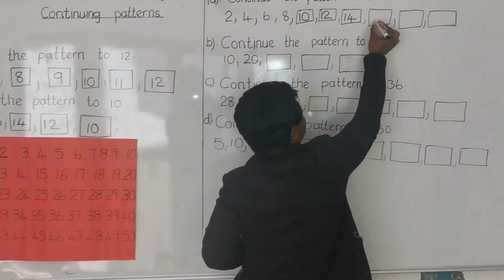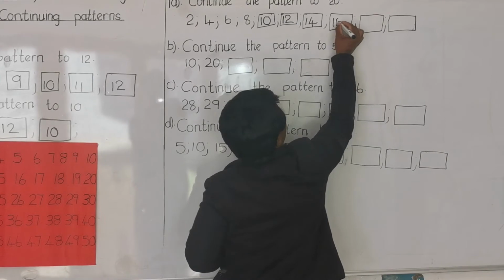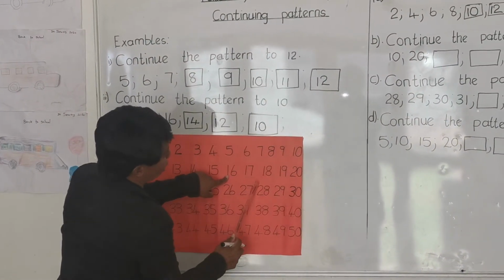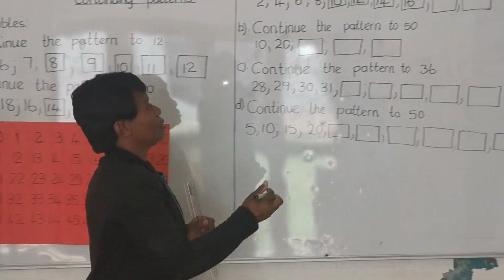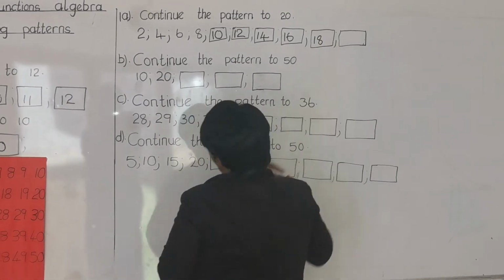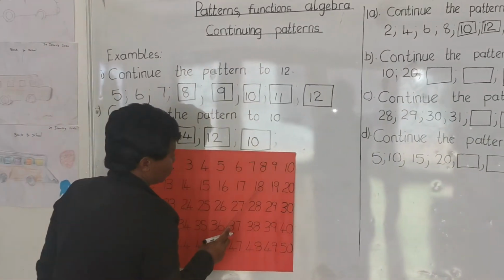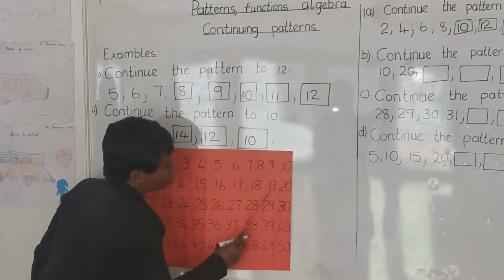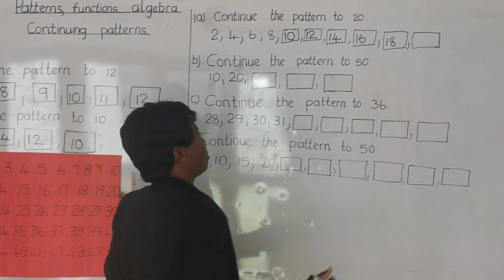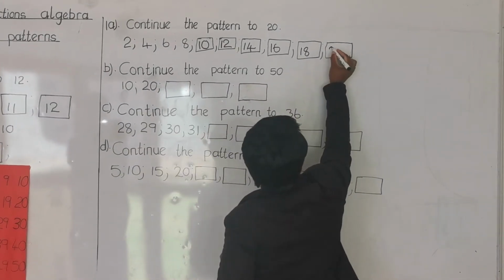We go on to 16. Then from 16, 1, 2. Our next number is 18. Then from 18, we count 2 again. 1, 2. Our last number is 20.